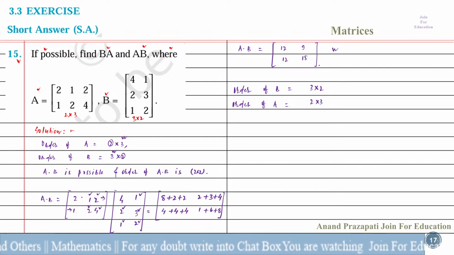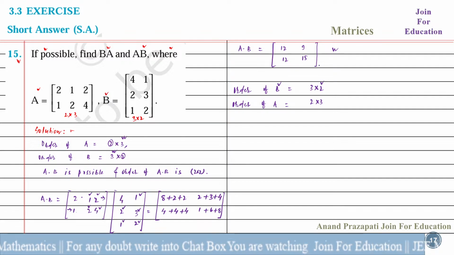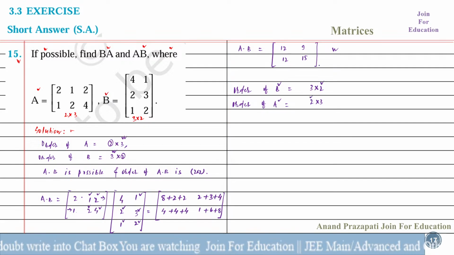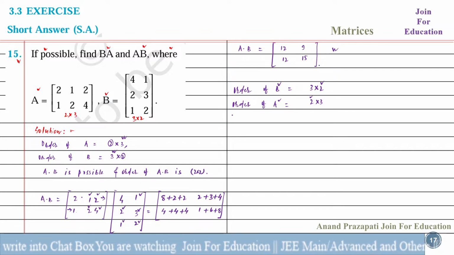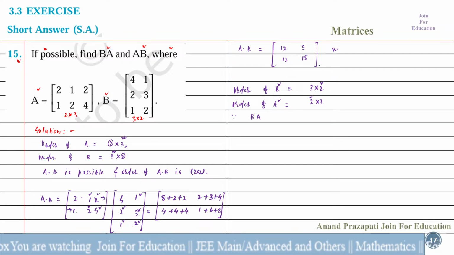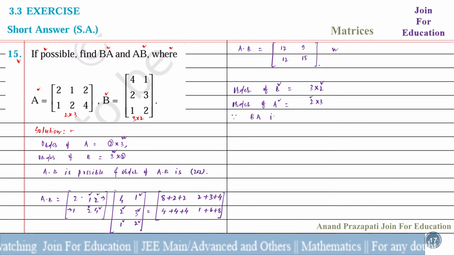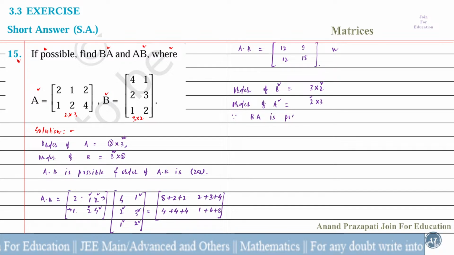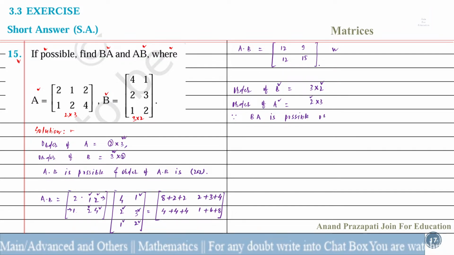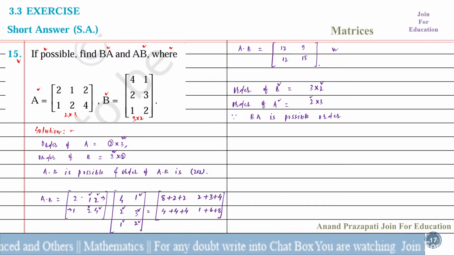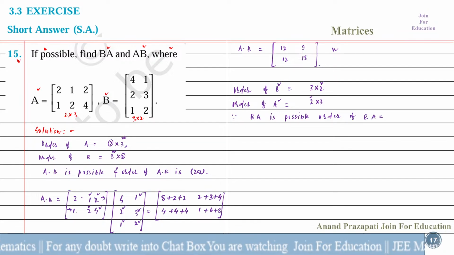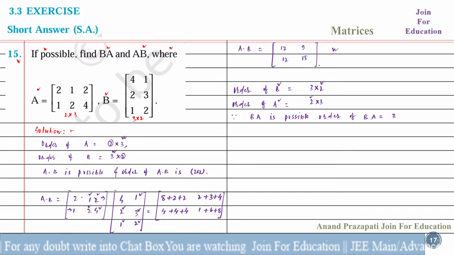So the number of column of B is equal to the number of row of A. Therefore B into A is possible, and order of BA will be 3 by 3.